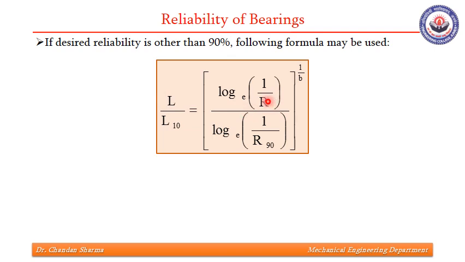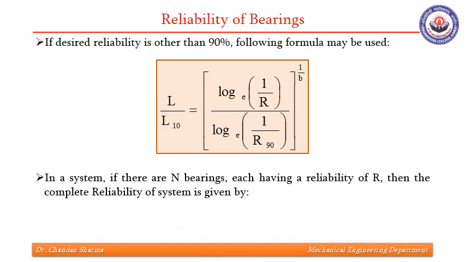We'll put R95 as 0.95, R90 is 0.90, A and B we have found. So we'll find L10 from here, which will be more than the life given for 95% reliability. We are doing this because our load life relationship is based only on L10 life. We'll use the load life relationship, and the remaining procedure will be the same.